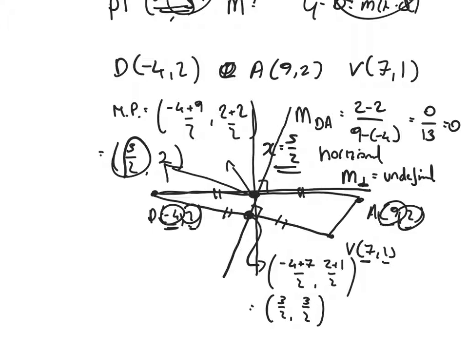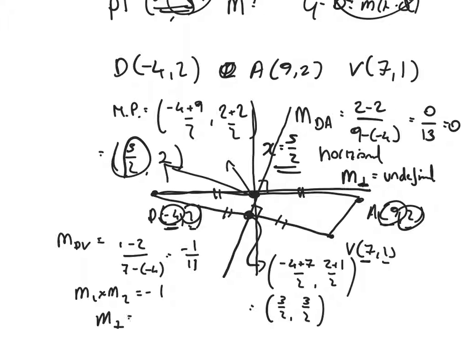Let's now find the gradient of DV, and then have a think about the gradient of a line which is perpendicular. So that would be 1 minus 2 over 7 minus -4, and that's -1 over 11. We're looking for the gradient of a line which is perpendicular, so m1 m2 equals -1.